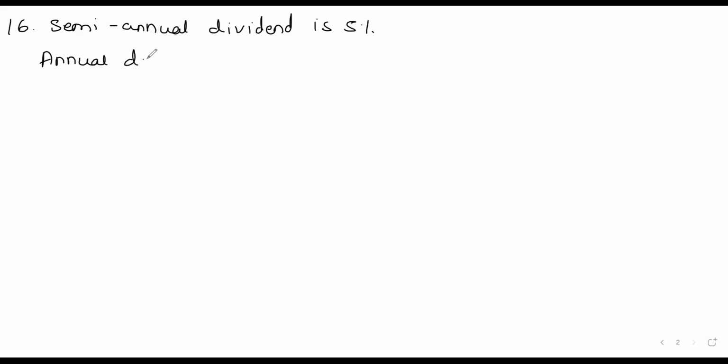Semi-annual dividend means dividend declared for 6 months. Semi-annual dividend is 5%, so annual dividend is 10%.